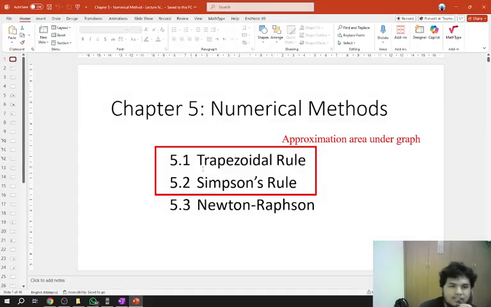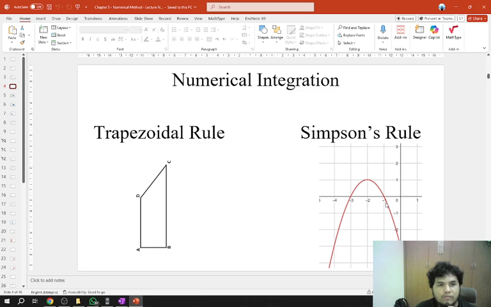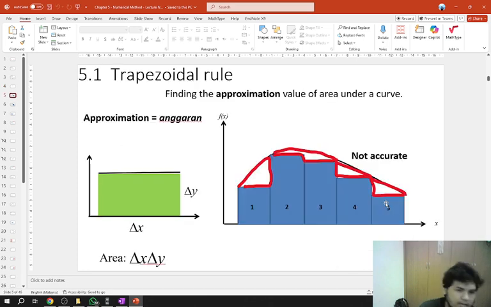Okay, so in the last class, I showed you guys one example and also the concept for the trapezoidal rule in chapter 5. Just a quick recap: initially we can estimate the area under the graph by using rectangle shapes, but we still have some error here.